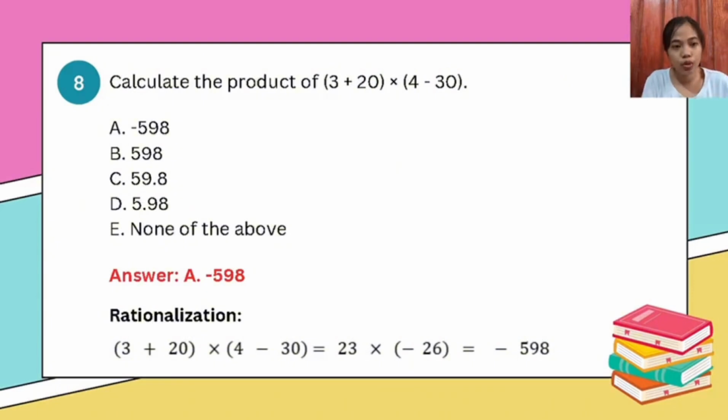So we're going to add first. 3 plus 20, which is 23. And 4 minus 30, which is negative 26. And of course, multiply it according to the PEMDAS rule. So 23 times negative 26, then we have letter A, negative 598. Now let's proceed to number 9.